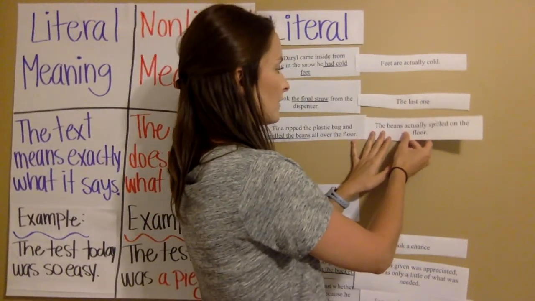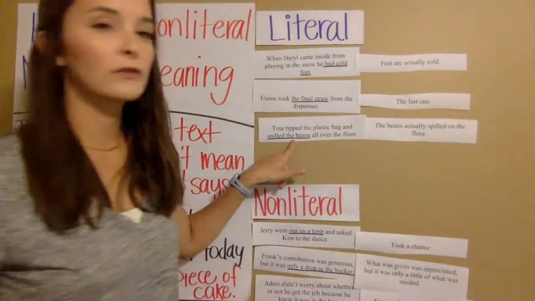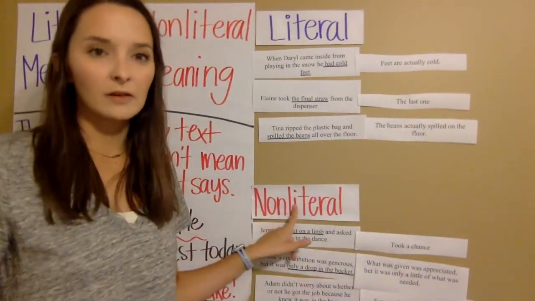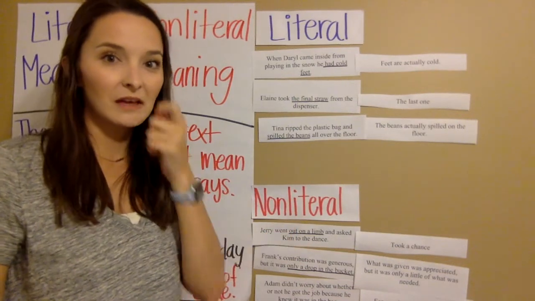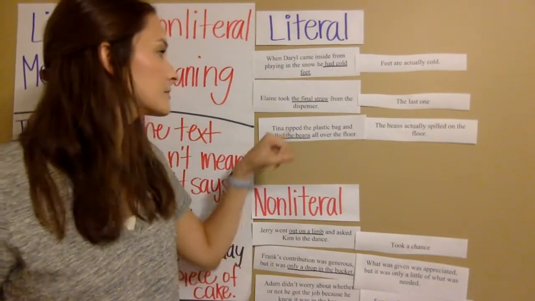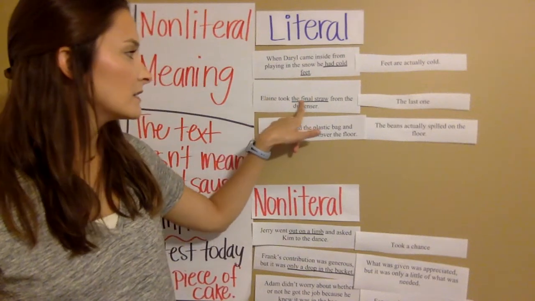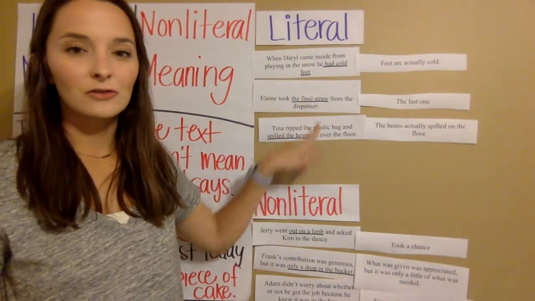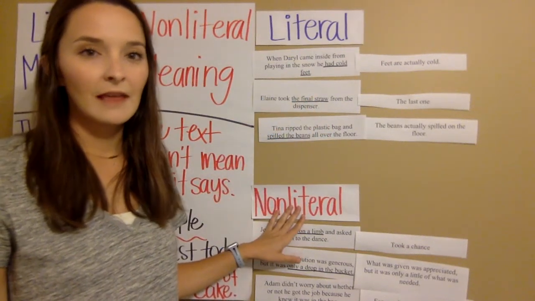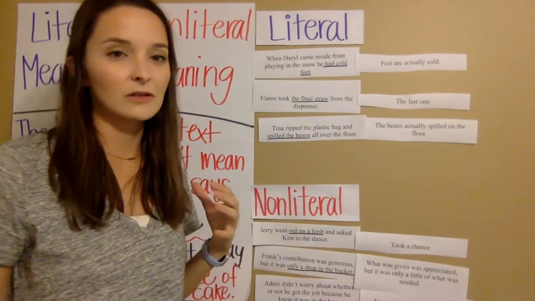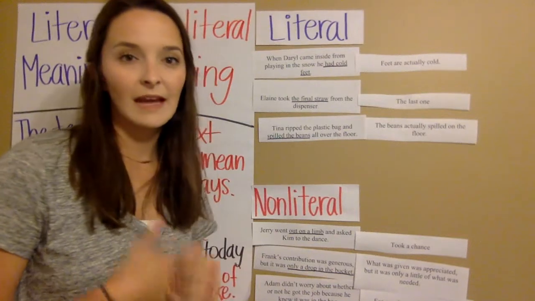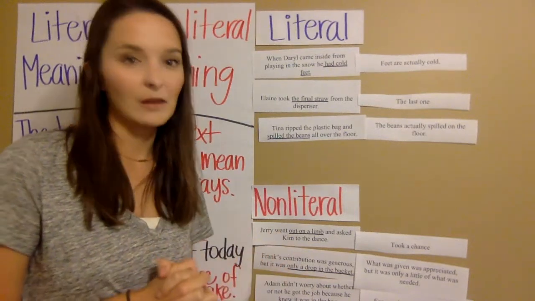If spilled the beans on the floor would have been in a sentence under non-literal, spilled the beans means you told someone's secret. You tell about something that you weren't supposed to. And then Elaine took the final straw. If the final straw was under non-literal, that means it's the last thing to drive you crazy or to upset you, or the last thing that makes everything fall apart.